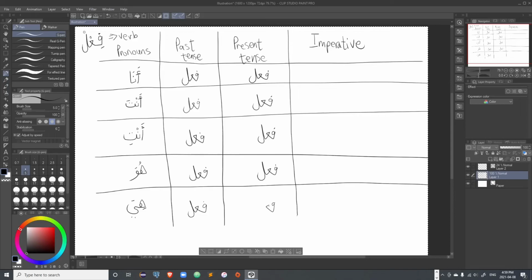So, and then for the imperative, here. My handwriting in Arabic is already awful, but with the graphics tablet it is even worse.